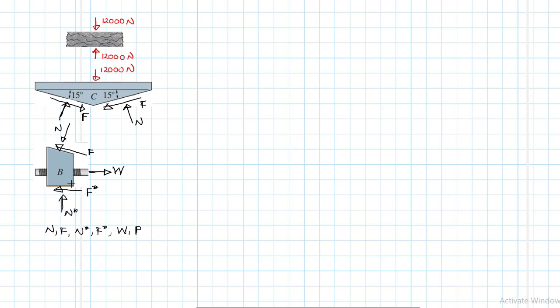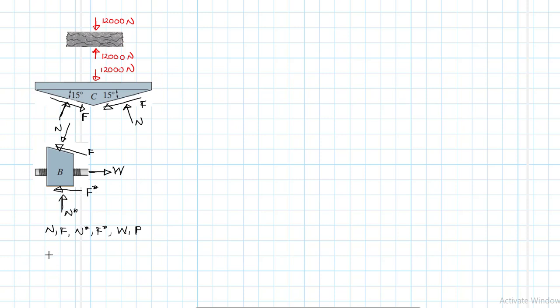It just makes sense because these wedges are going to be moving. If they are moving, or going to experience impending motion, we expect these to be governed by this particular equation.